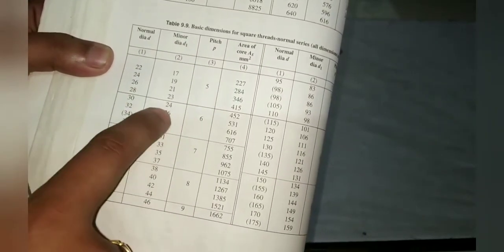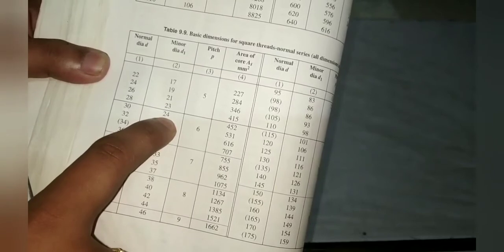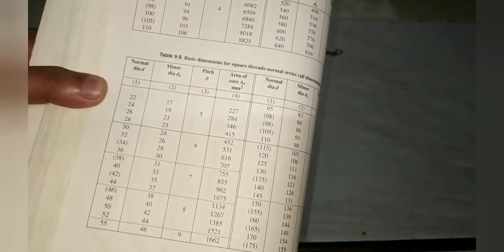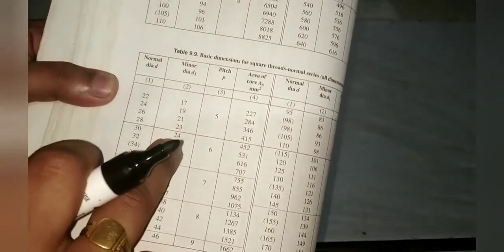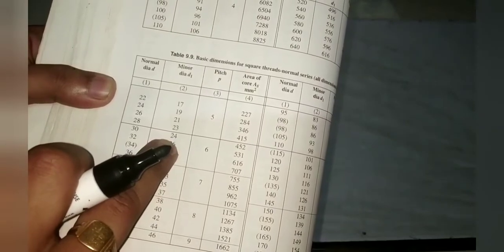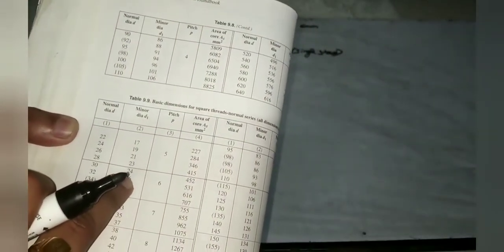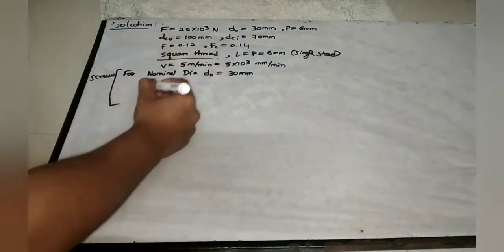That is the inside diameter. For 30, it is 24. So di is equal to 24 mm.